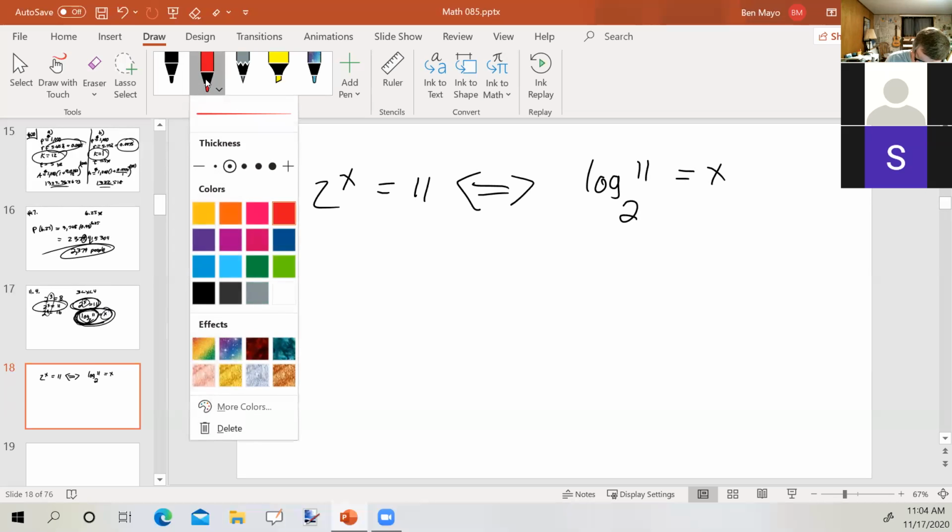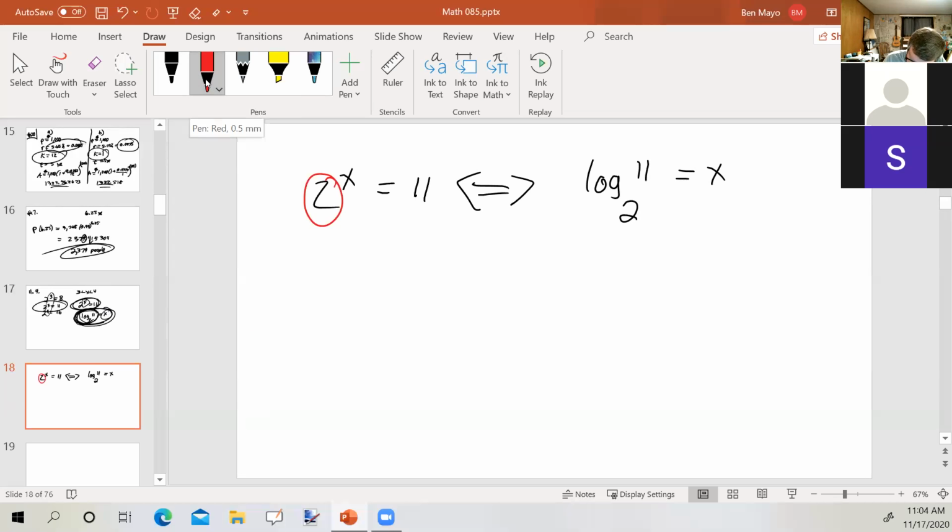So here the base is 2, and here the base is 2. The base is the same, but the players changed places. Here, the x is connected with a 2. Here, the 11 is connected with a 2. The bases stay the same. The players change places.